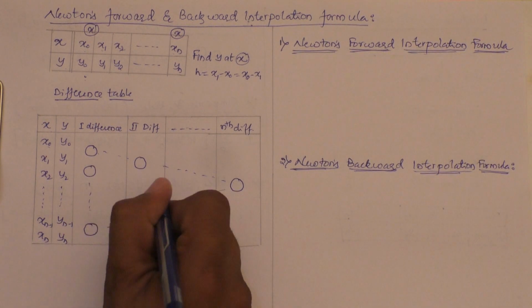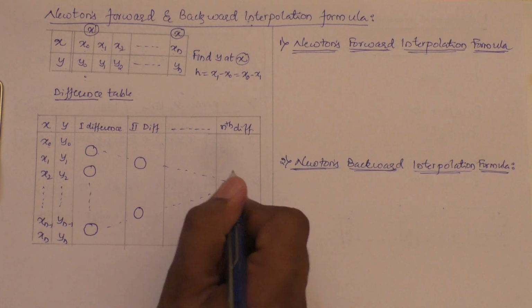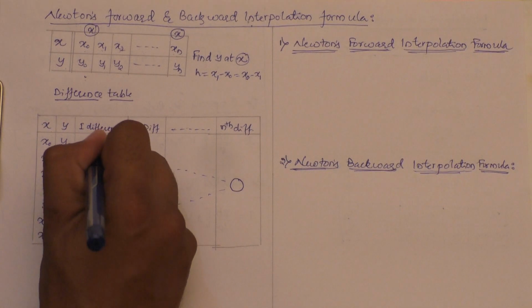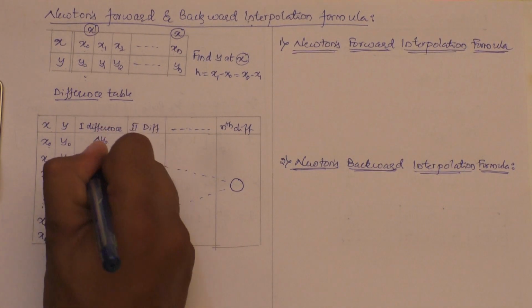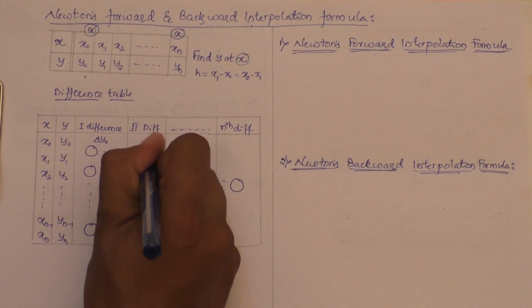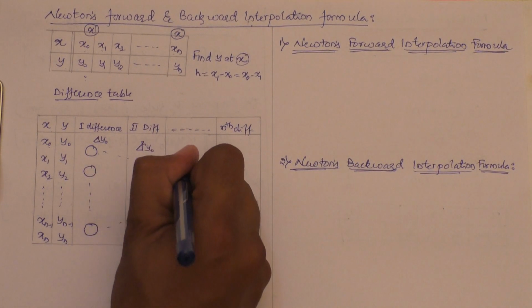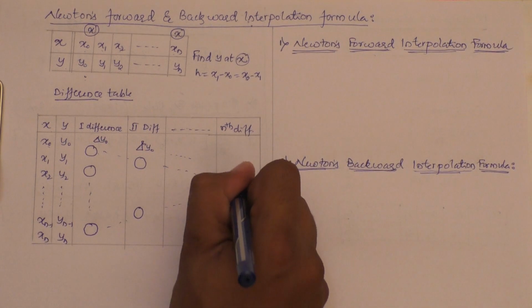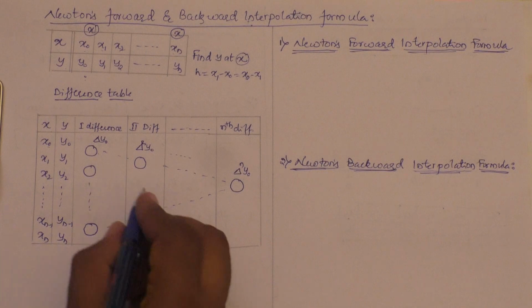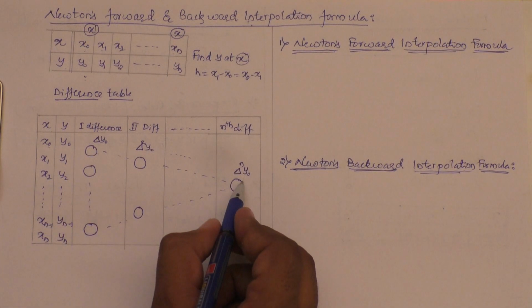We denote these by certain notation: delta y0, the first difference, then delta square y0, delta cube y0, and lastly delta raised to n y0. Like this we write the notations.